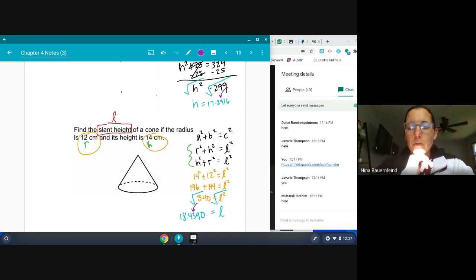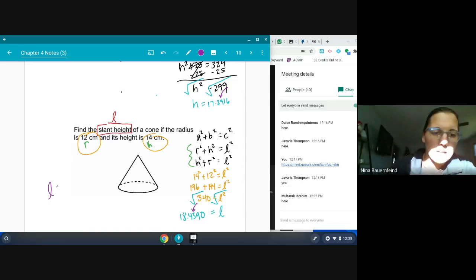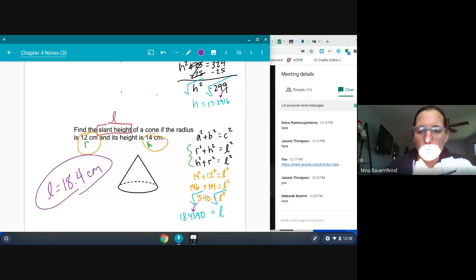Is that 5 or bigger? Nope. So our slant height is just going to be 18.4 centimeters. It stays the same, 18.4. Okay?